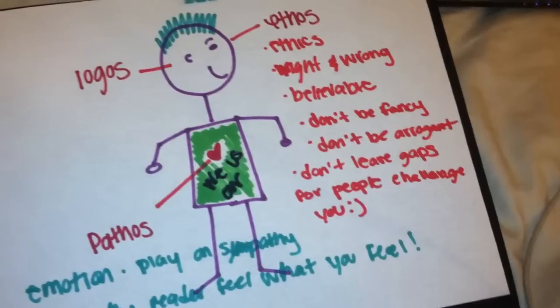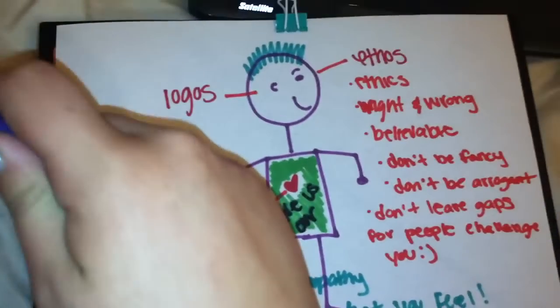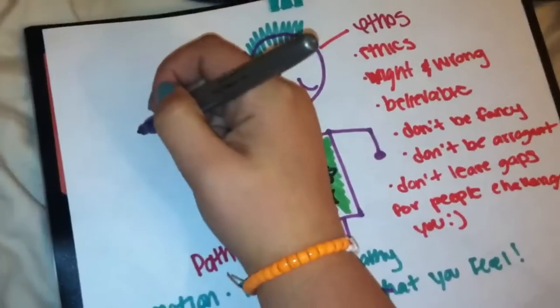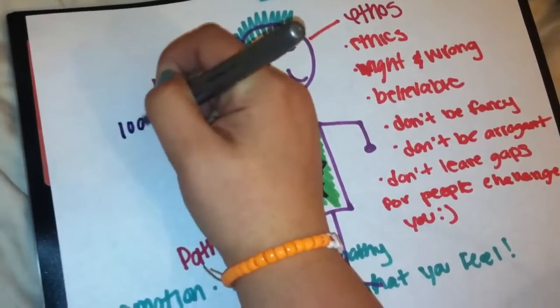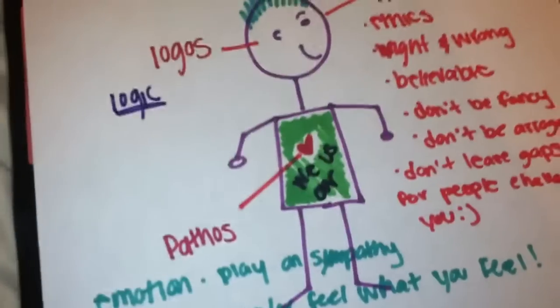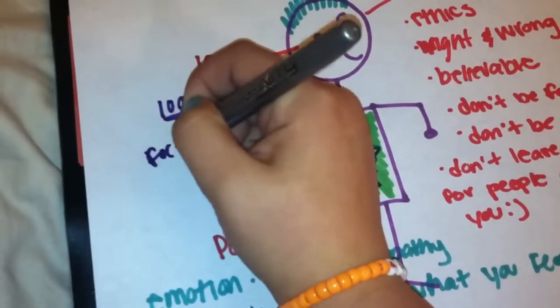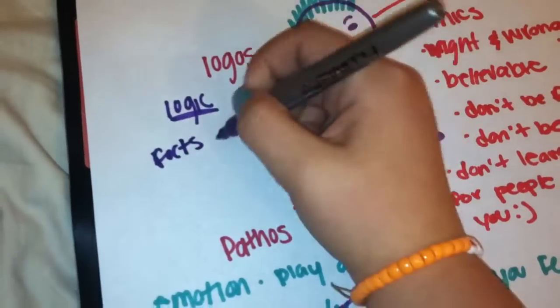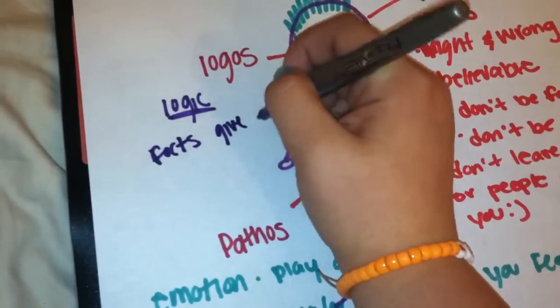And for logos, this one's probably the easiest one to explain. It's logic. Easily put, it's logic. You want to make sure you write down facts and give good information.